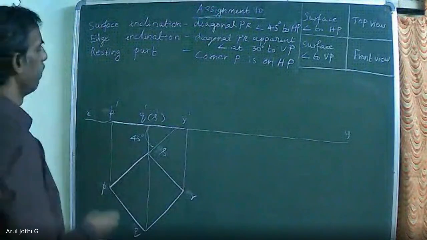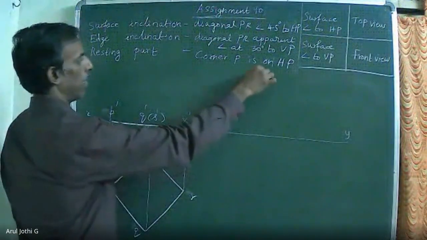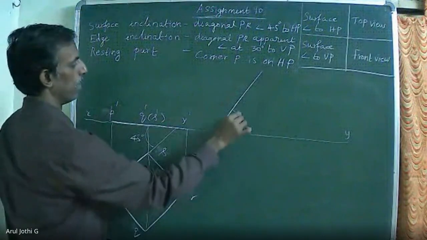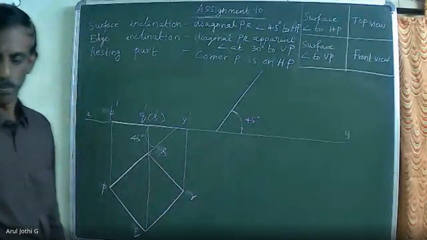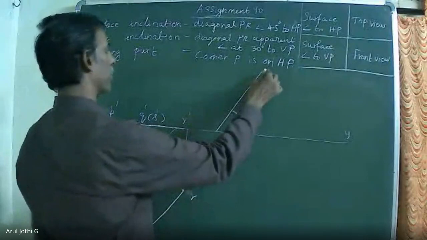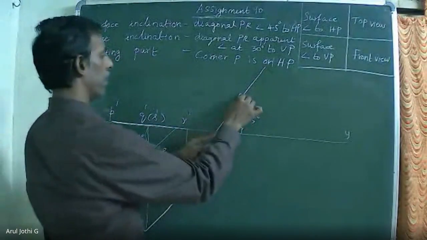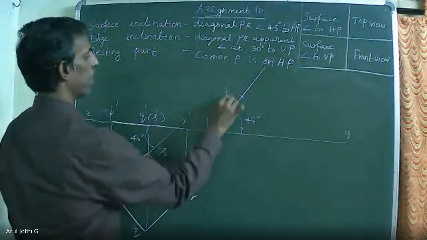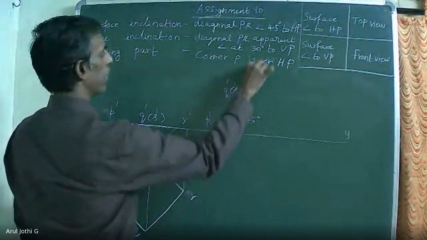In the second diagram, this diagonal P dash R dash should be inclined 45 degree to HP. That means this front view we are going to transfer here. Measure P to Q. So this will be P1 dash, Q1 dash and S1 dash, and this will be R1 dash.